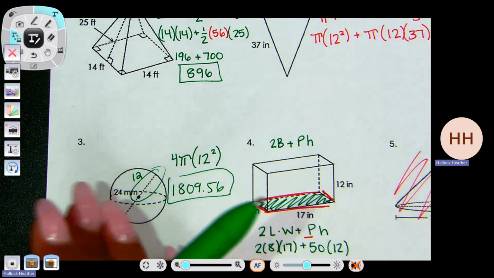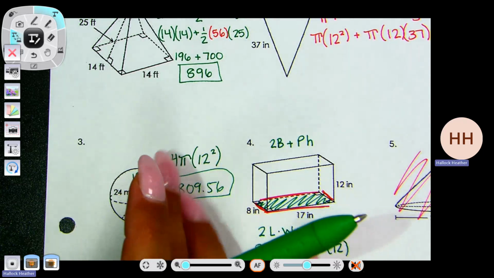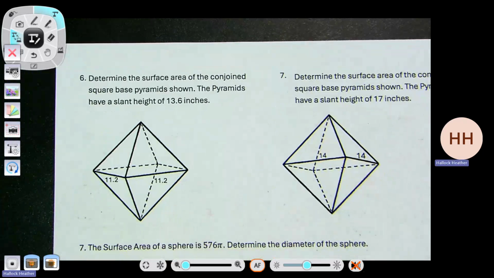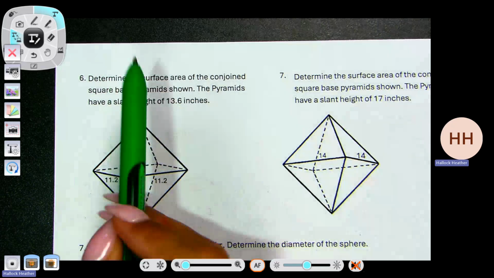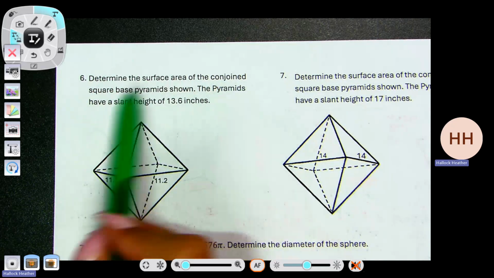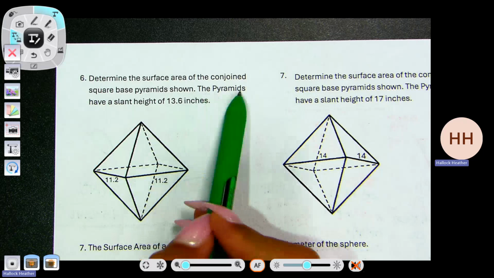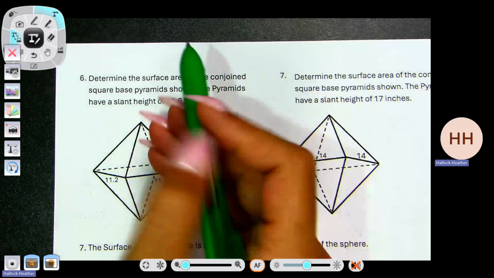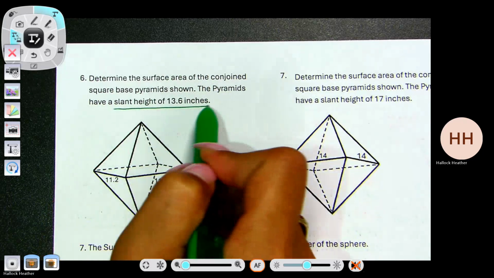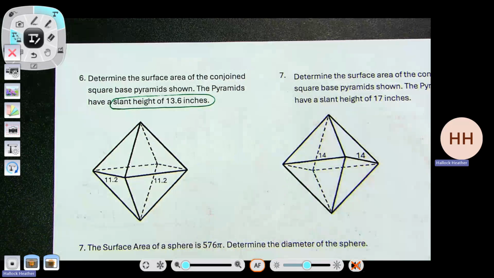On the back, we're going to do 2 more problems together. On the back, we have double-sided pyramids. So there's a pyramid and there's a pyramid attached. It says determine the surface area of the conjoined square base pyramid shown. The pyramids have a slant height of 13.6. My slant height's not in my picture, but it is given to me.